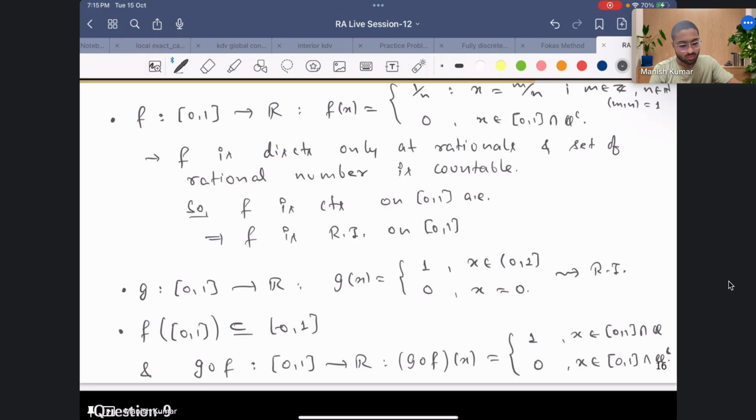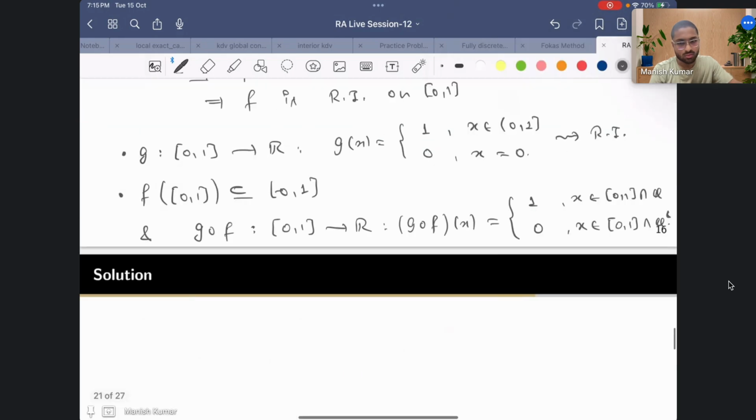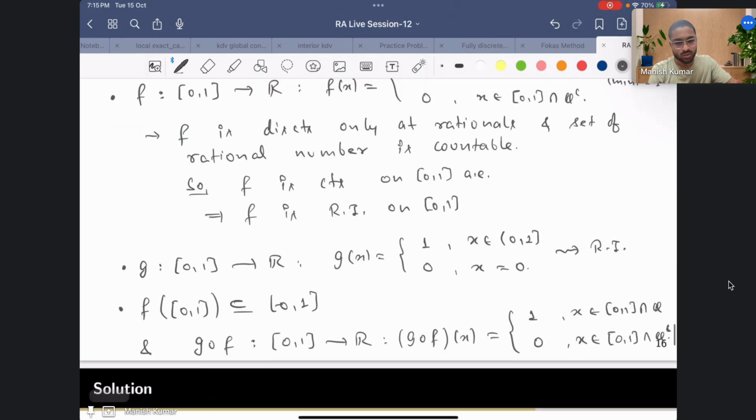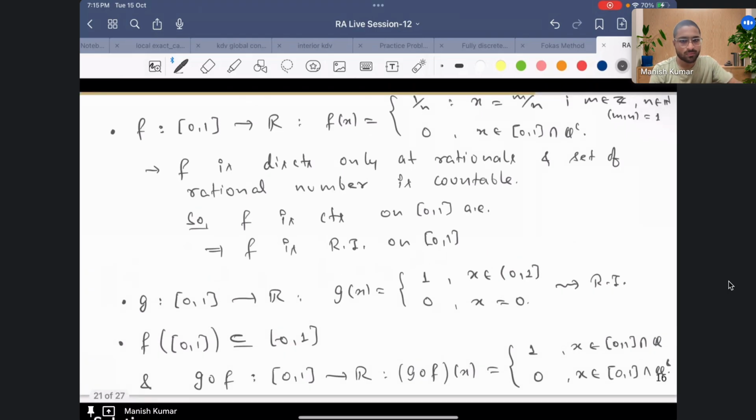Is this okay? If you take any rational number, f is taking the value 1 by n, and since it lies in the interval 0 1, it is giving the value 1. So the composition will give the value 1 when x is rational. If you choose any irrational number, then f is taking the value 0, and when g acts on 0, it gives you 0.